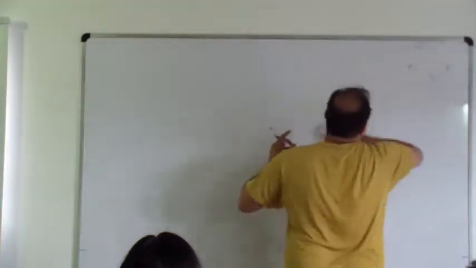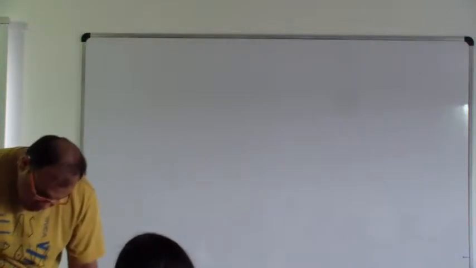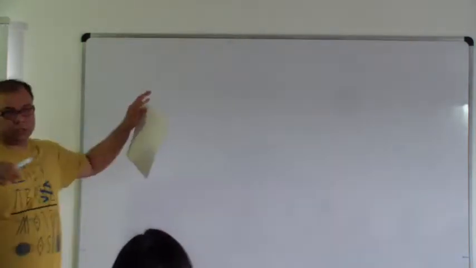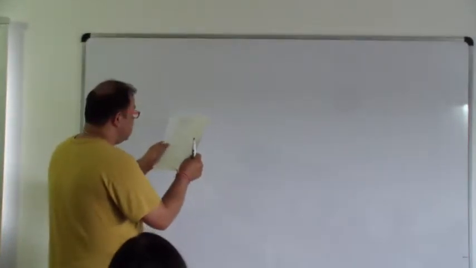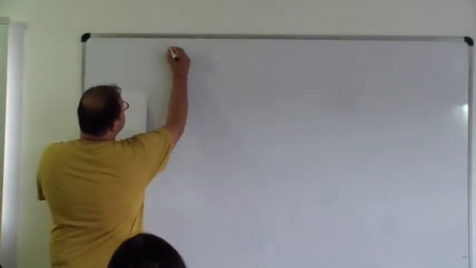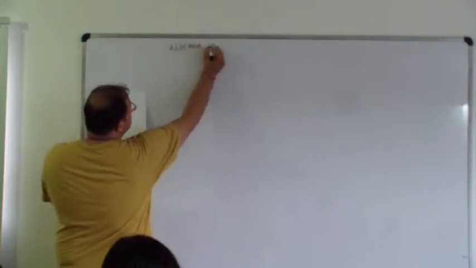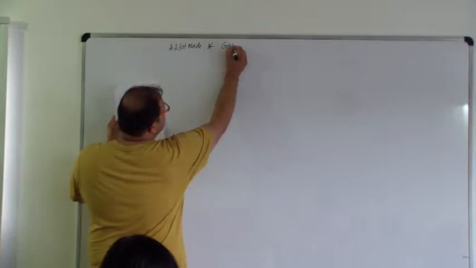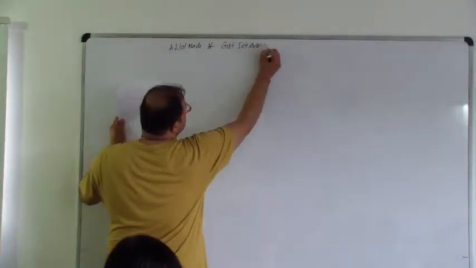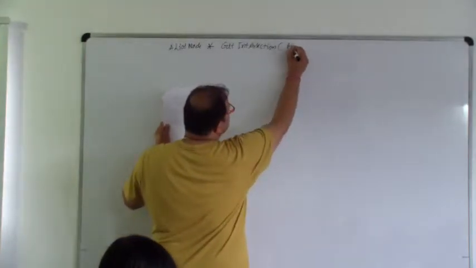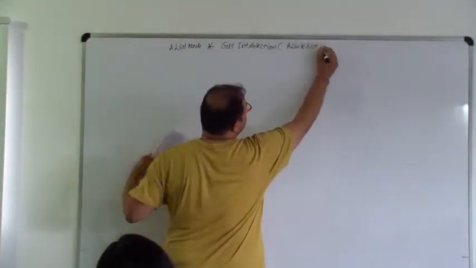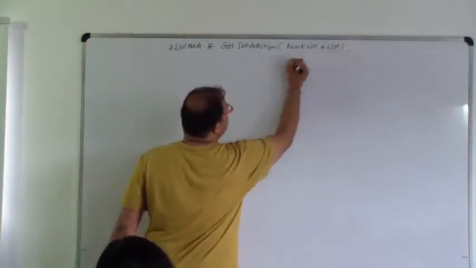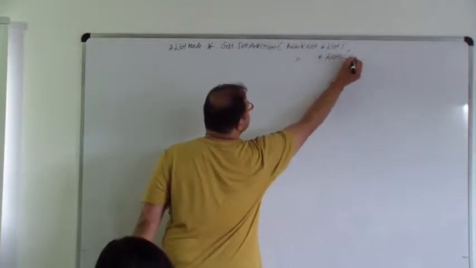So we will write code for that. This function should be outside the class because we are sending two lists. A ListNode star getIntersection, and it takes a LinkedList star list1, comma, a LinkedList star list2.